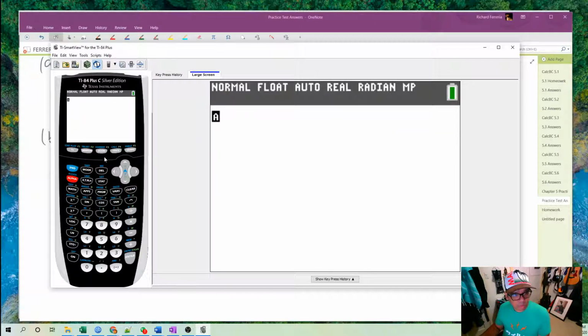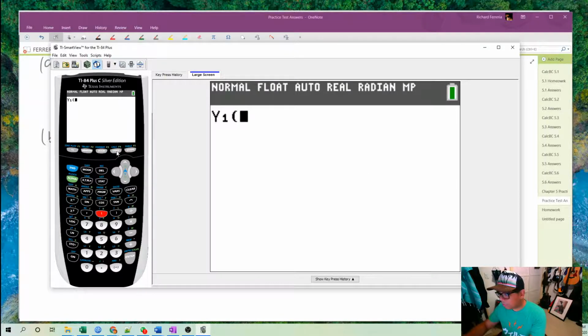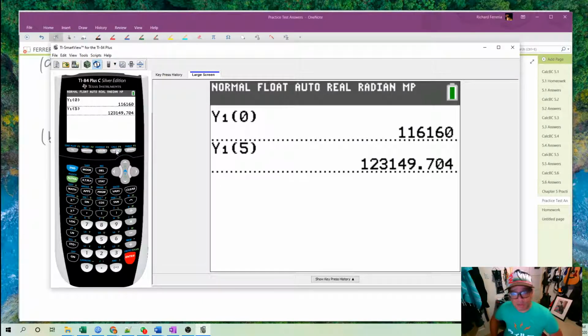First, what is y1 when x equals 0? Okay, that's $116,160. Let's do this again. What is y1 when u is 5?